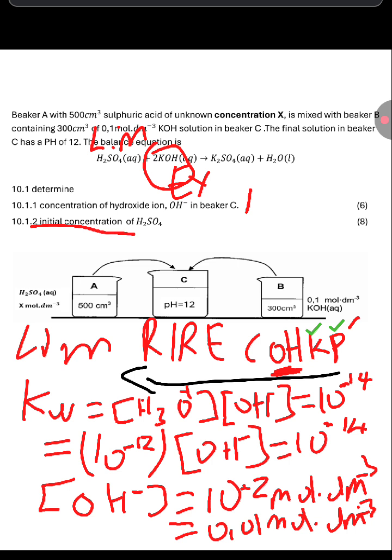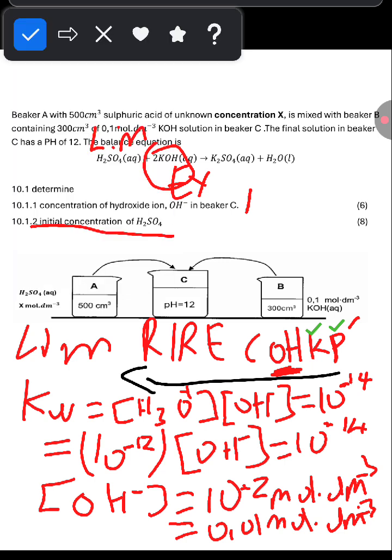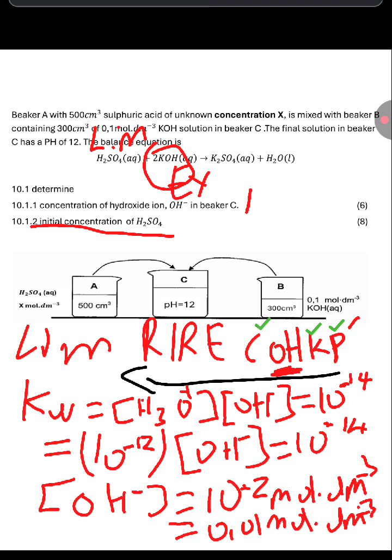Now they want us to calculate the initial concentration of sulfuric acid. I'm still going to follow this. I'm going to try to find the concentration of the KOH.